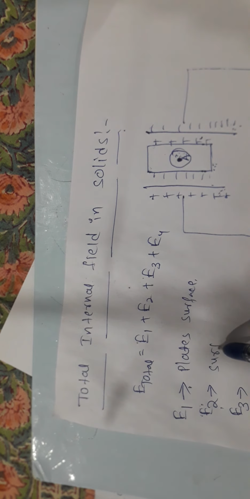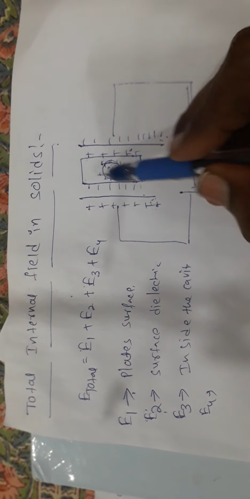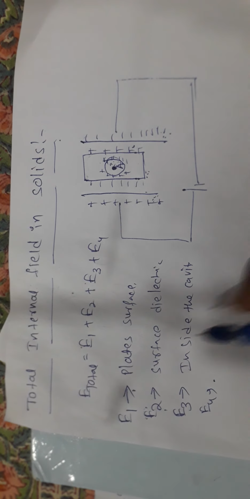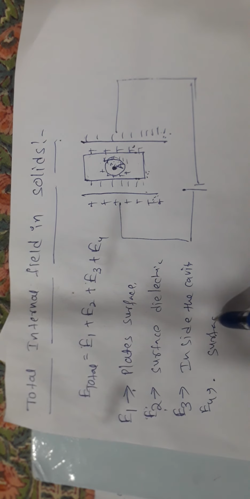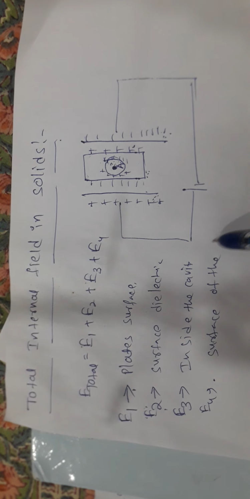The final one is E4. E4 is the field intensity due to the charge carriers on the surface of the cavity.